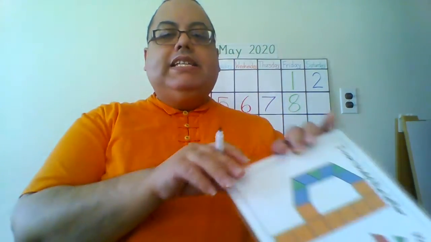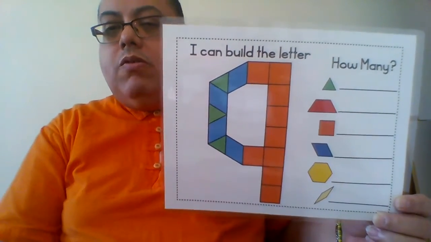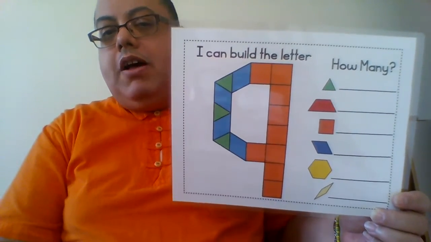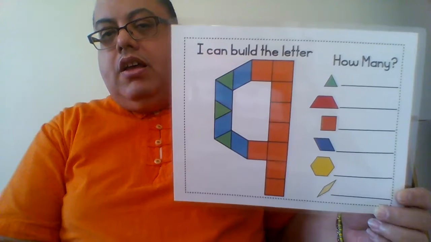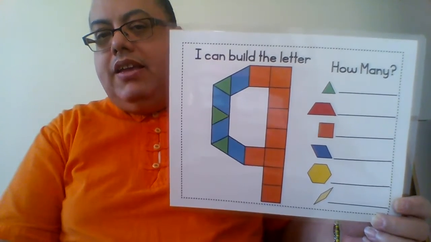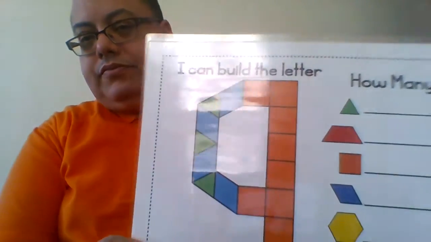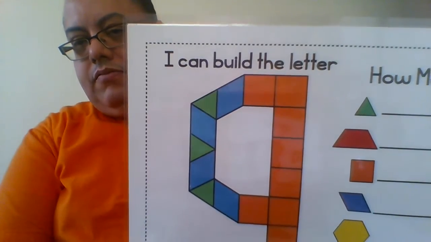The next one is the letter Q. Not the letter P, the letter Q, like Q-U, queen, qua. I can build the letter Q. How many green triangles do you see? Exactly, 3.